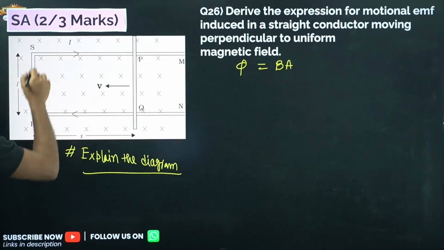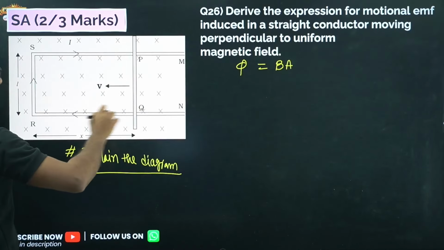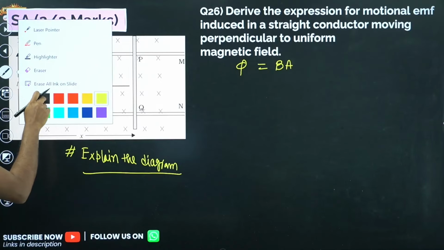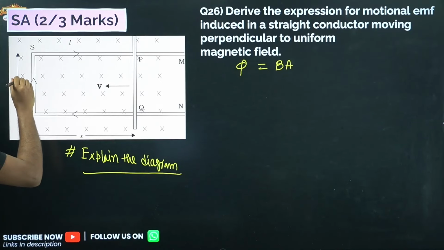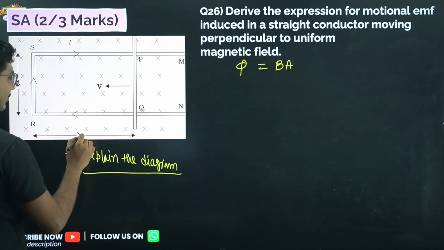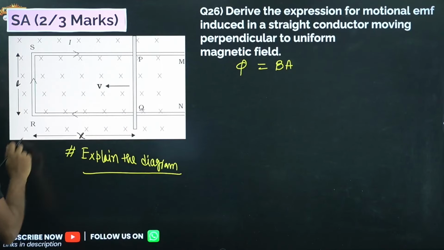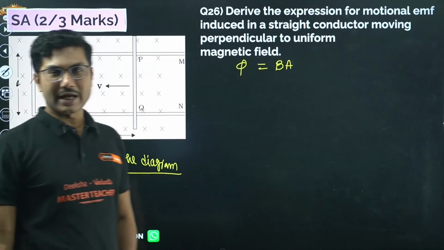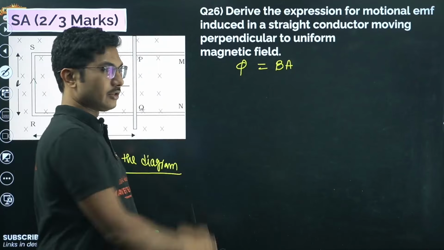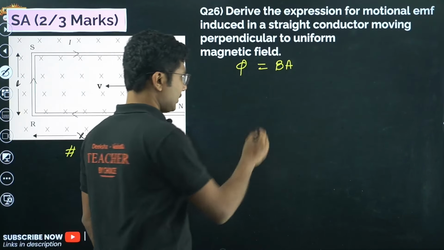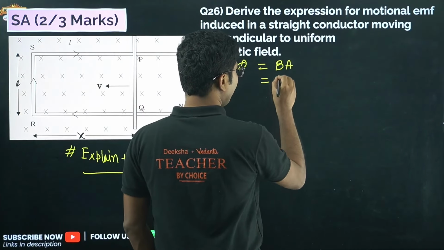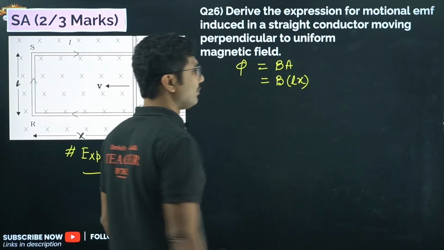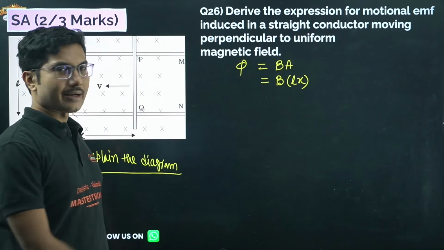The area of this rectangle is given by the length, which is L, and the distance between these two ends, which is x. Now x is not constant, x is changing with time, because this rod is moving. We will do that, but first find the area. Area is length into breadth, that is L into x. So this is the flux.